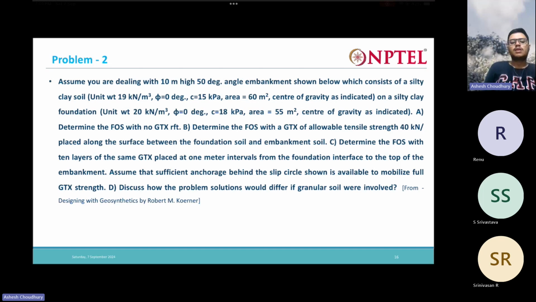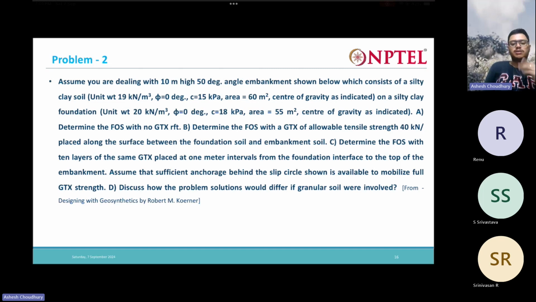C, determine the factor of safety with 10 layers of the same geotextile placed at 1 meter intervals from the foundation interface to the top of the embankment. Assume that sufficient anchorage behind the slip circle shown is available to mobilize full geotextile strength.